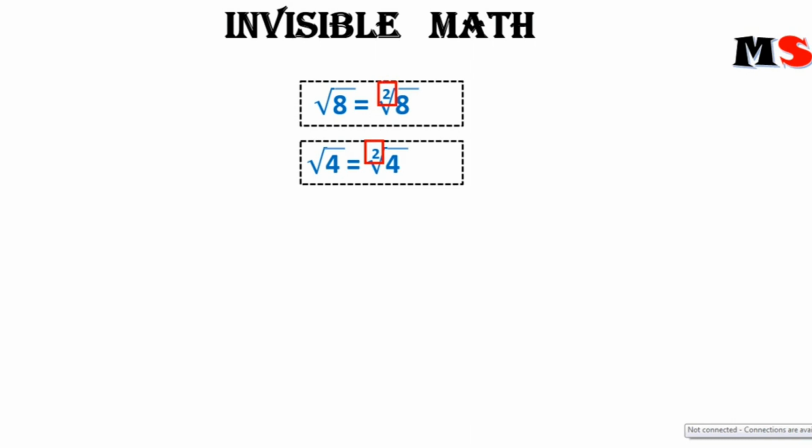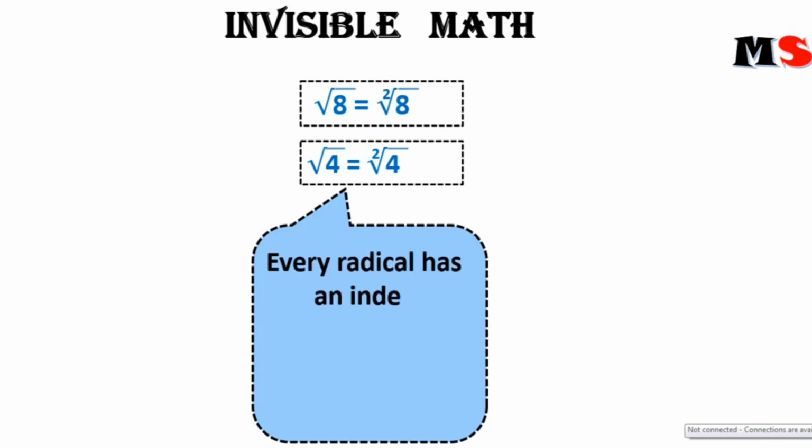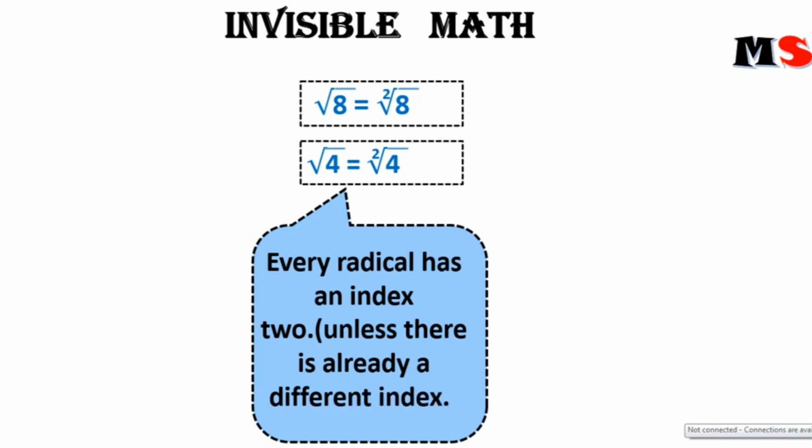Yes, the invisible term is index 2. So every radical has an index 2 unless a different index is written; if no index is written, the index is automatically 2, meaning square root.